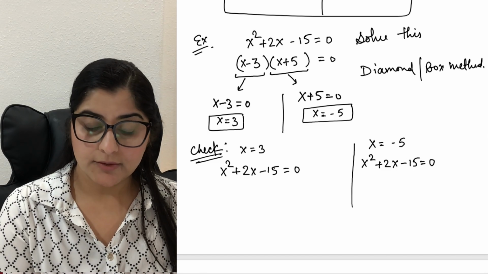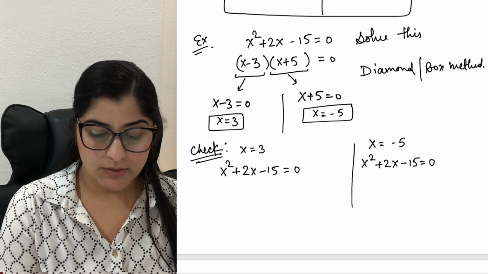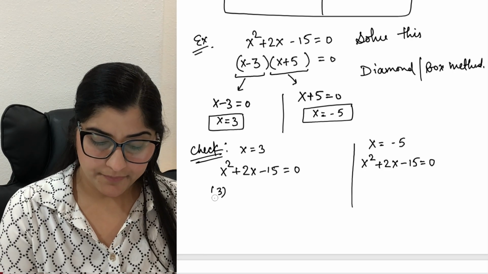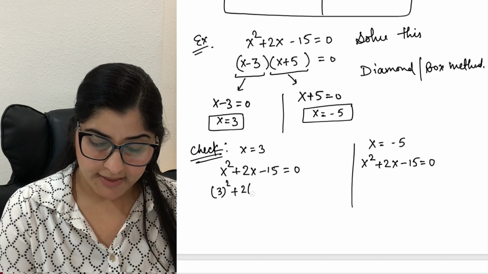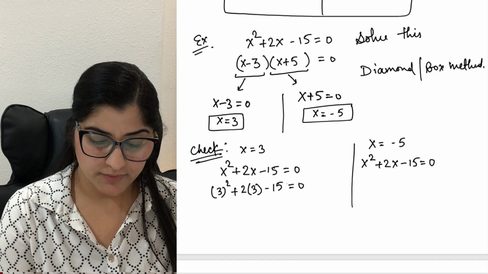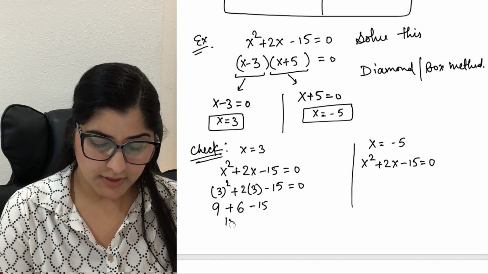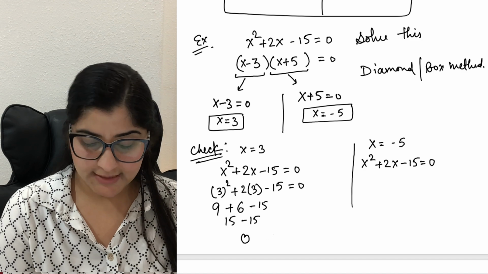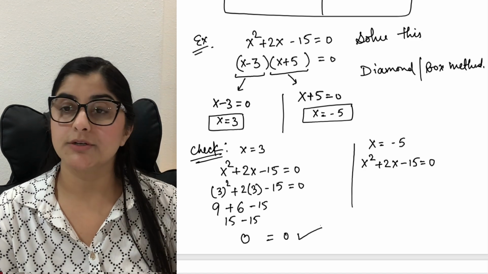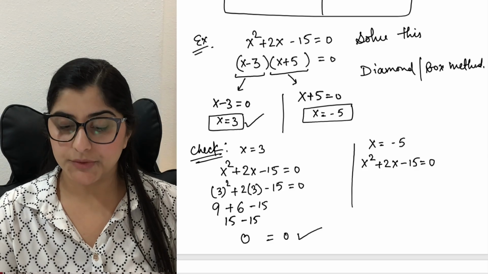Solutions are those x values which make the given equation true. So let's plug in x value 3. Replace x with 3, put brackets around x, and see, are you getting left hand side equal to right hand side or not? Yes, you get left hand side equal to right hand side. That means x is equal to 3 is the correct solution.